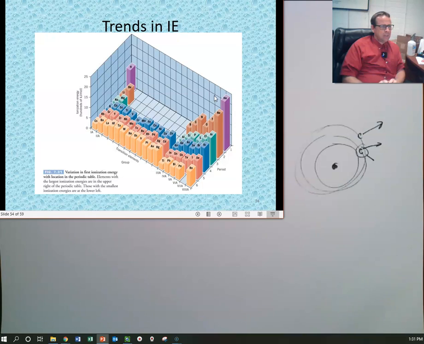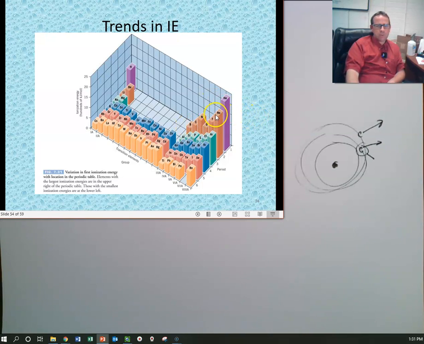So in neon, Katie, it's your turn to answer this question, so pay attention. For all of these, from boron to neon, when we're removing an electron, which subshell are we removing an electron from, Katie? That's 2p.